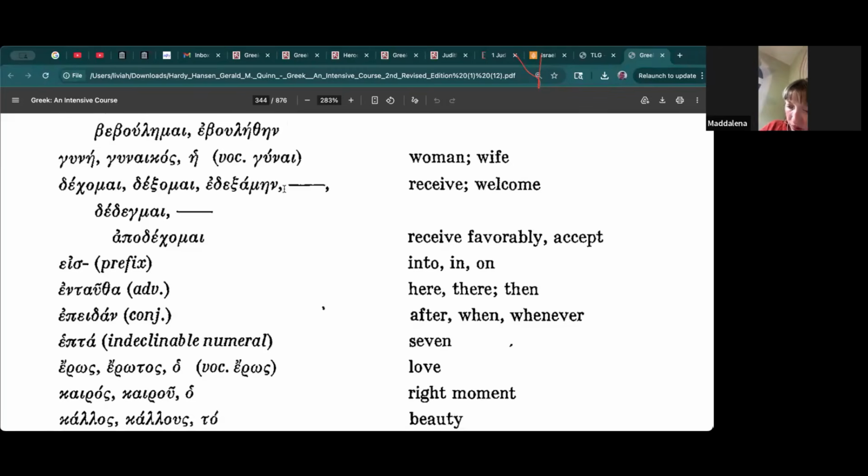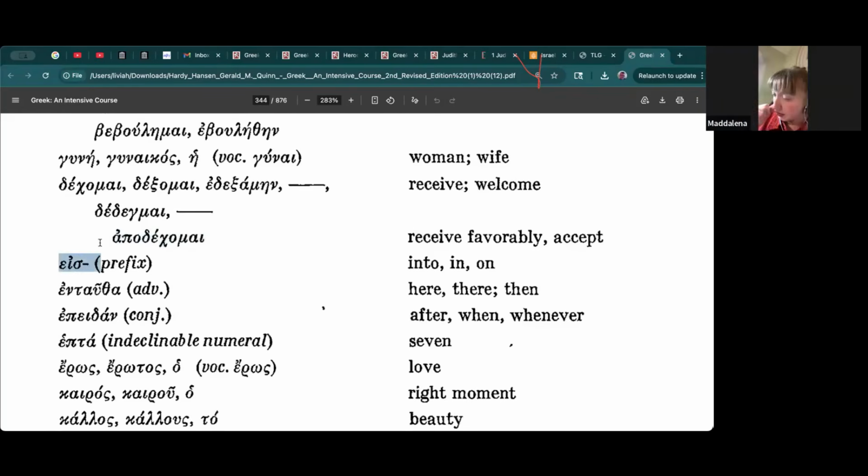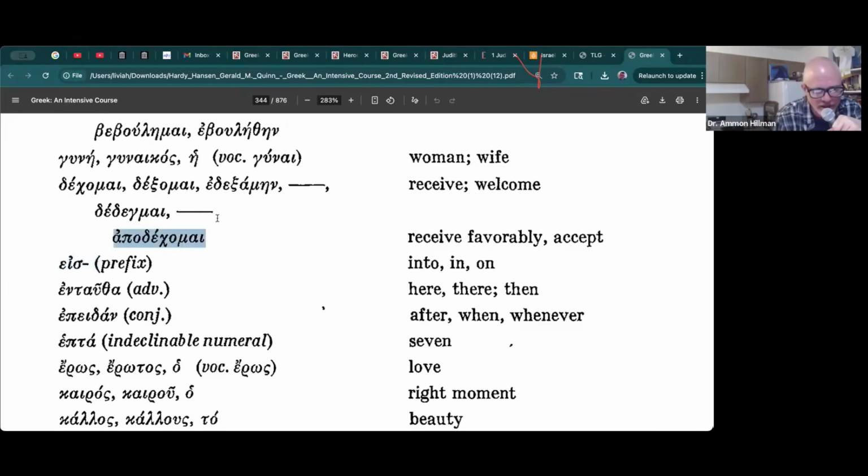Dechomai, dexomai, edexamēn, dedegmai, apodechomai. So that was apodechomai, to receive. Sorry, that's a different verb, but they put it under there like it is part of dechomai.